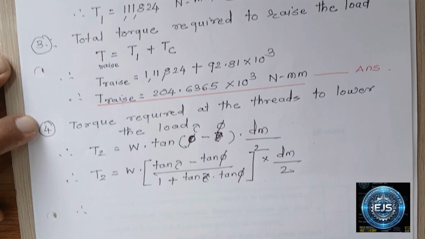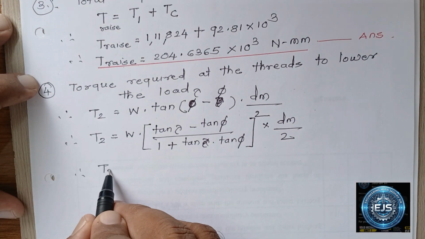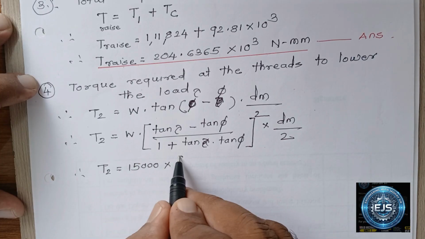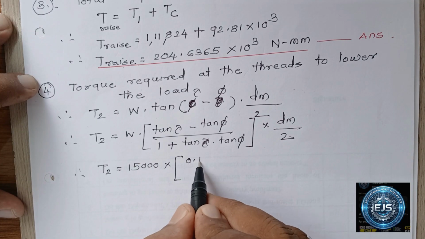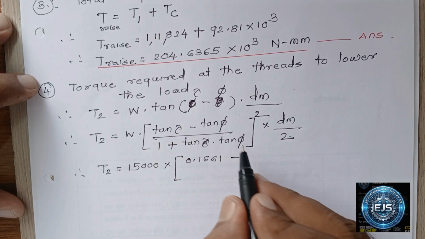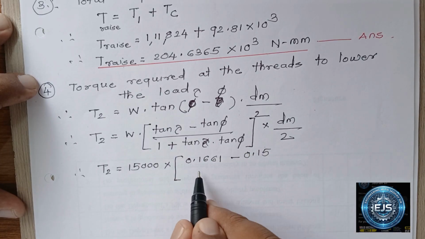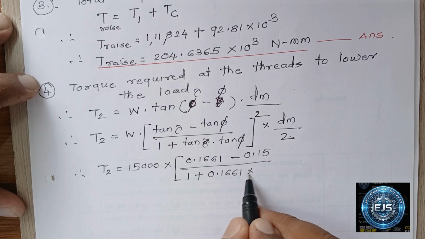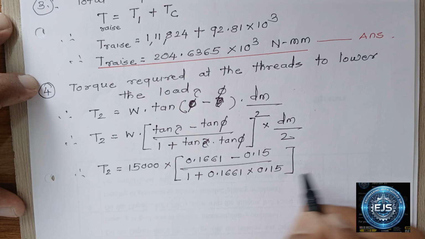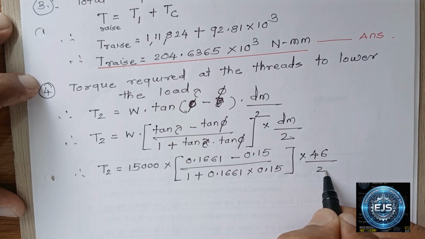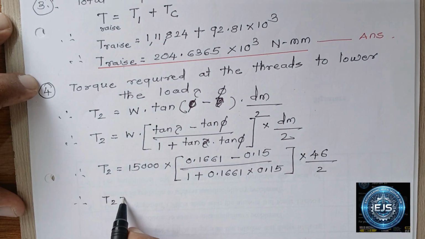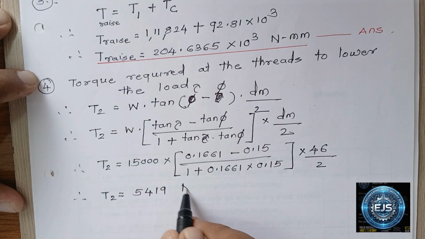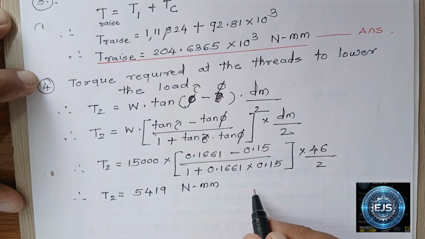So T2 is equal to W, 15,000 Newton, multiplied by tan of lambda, 0.1661, minus mu, tan of phi, which is 0.15 in this problem, divided by 1 plus 0.1661 multiplied by 0.15, multiplied by dm, 46, divided by 2. So this torque comes out to 5419 Newton mm.